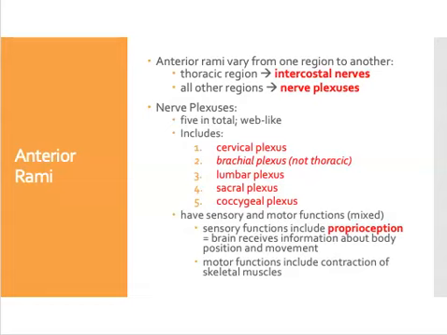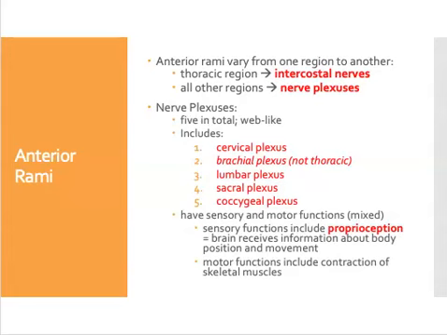It's almost web-like. These plexuses include a cervical plexus, and I'll show you an image of where they lie in just a moment, a brachial plexus, a lumbar plexus, a sacral plexus, and a coccygeal plexus.